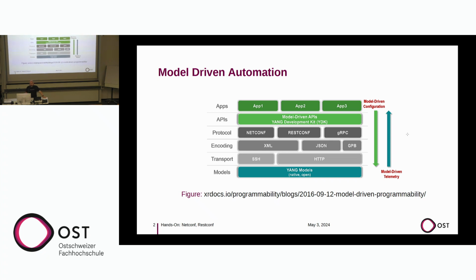Just how it's encoded, how efficient it has to be, especially if we want to do streaming telemetry afterwards and get a lot of data from the device. It's good to have not too verbose data formats or encodings. So protocols, what we will see is NetConf, RESTconf, and gRPC.